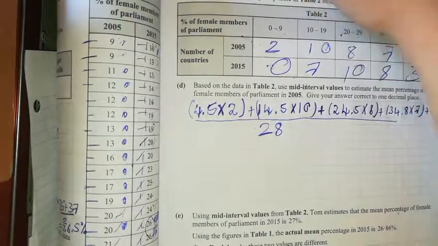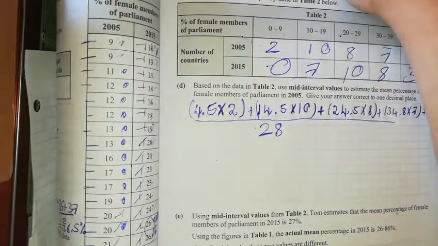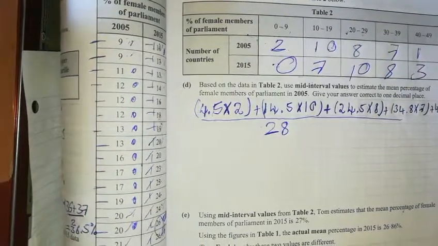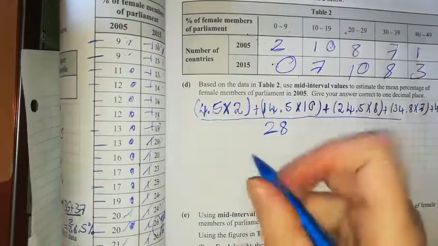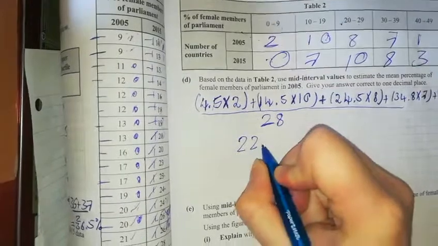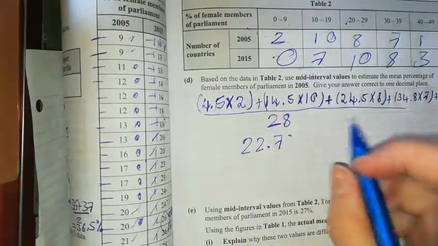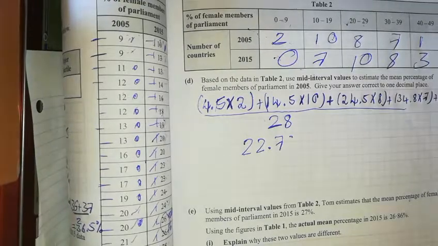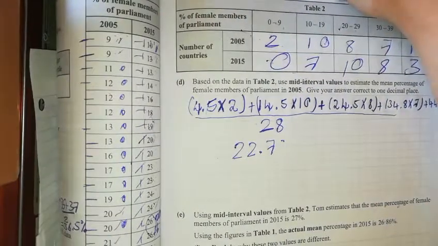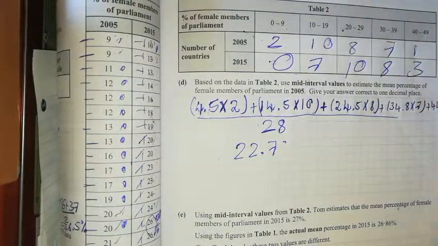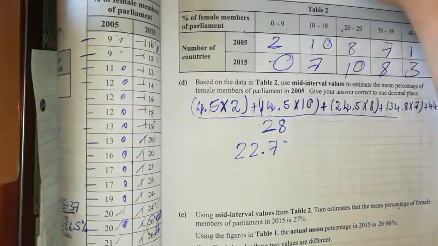So when I plug that all into my calculator, I get the mean is going to be 22.7. So that's my mean.